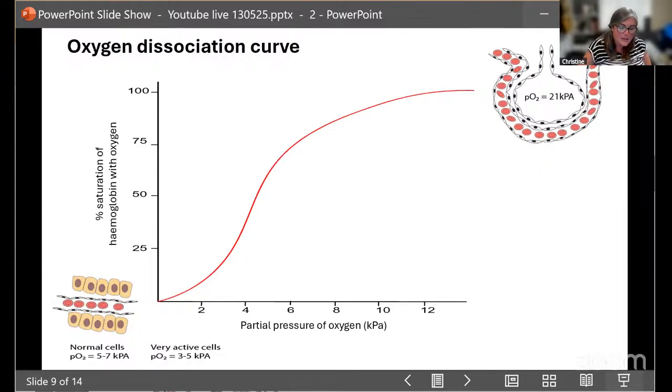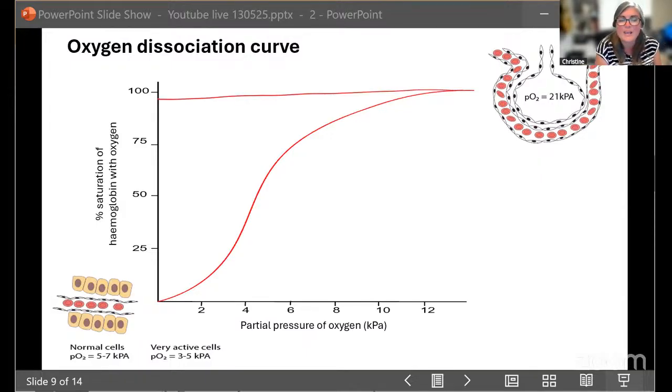If we're looking at a graph like this, you would want to be able to say that it doesn't quite hit 100% saturated before it plateaus out. The other thing to note is to come down to the point on the graph at the bottom.